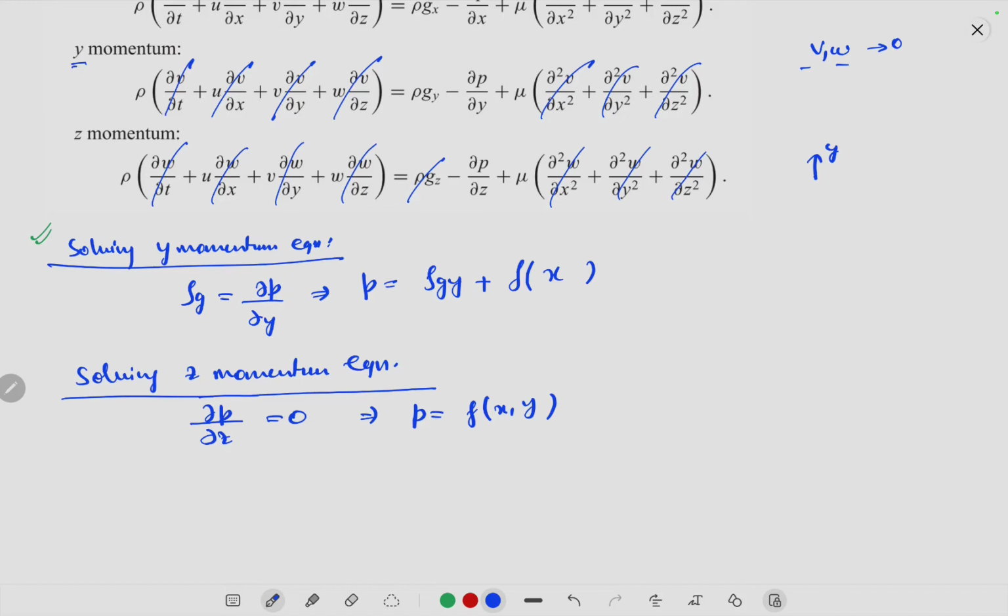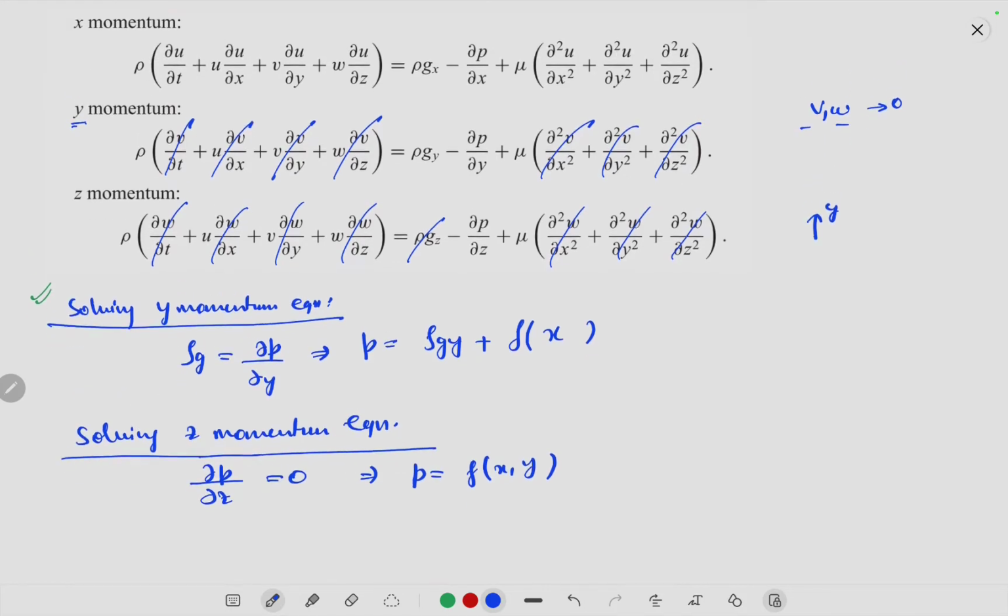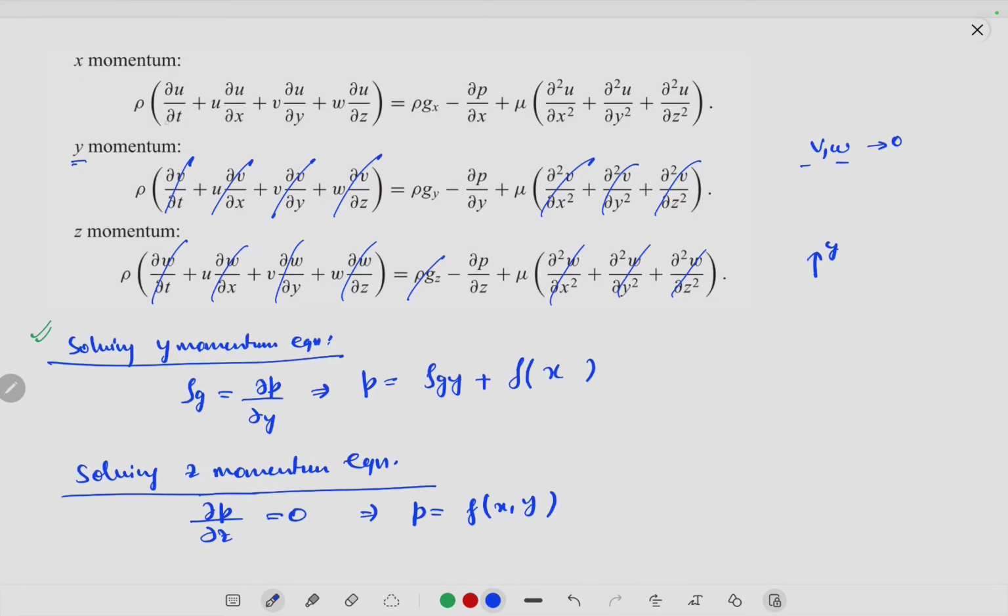Now let's solve the x momentum equation. Again, steady flow, so this will be 0. Since v is 0, this is 0. Since w is 0, this is 0. Since gx is 0, this is 0. Since u is not a function of x and u is not a function of z, this will be 0 and this will be 0.